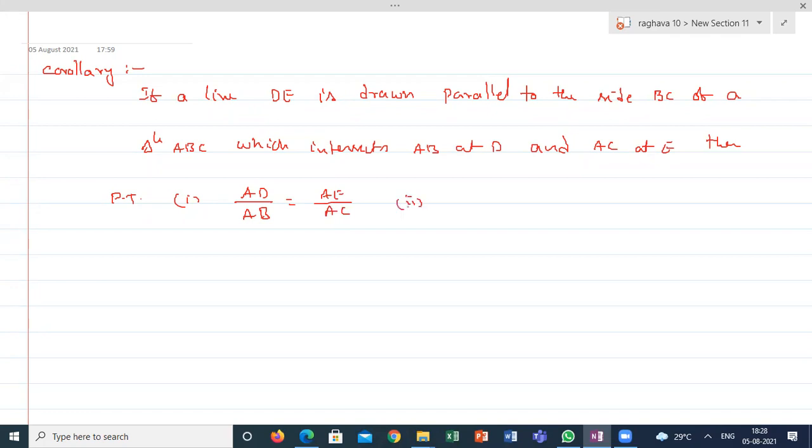The second one is DB by AB is equal to EC by AC.